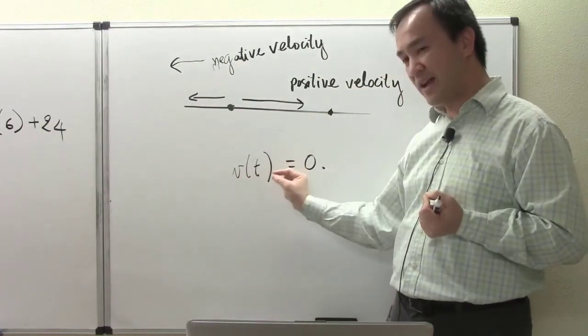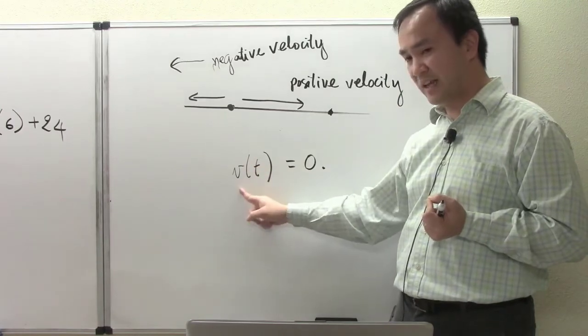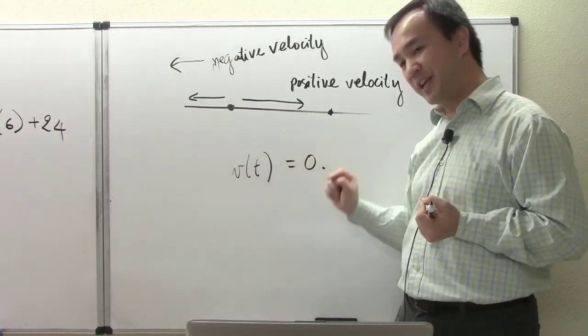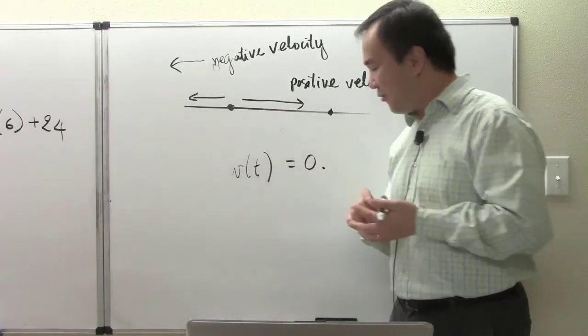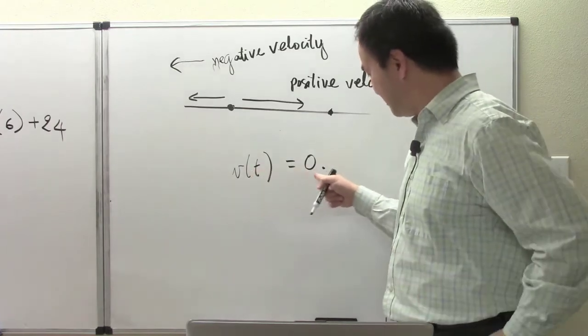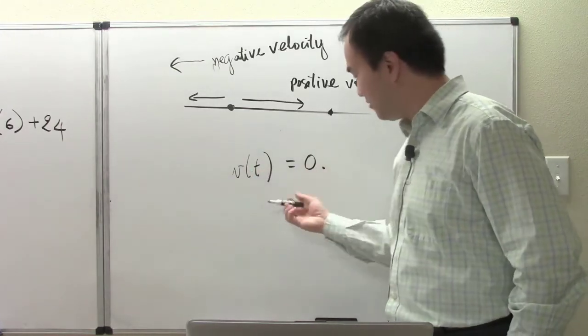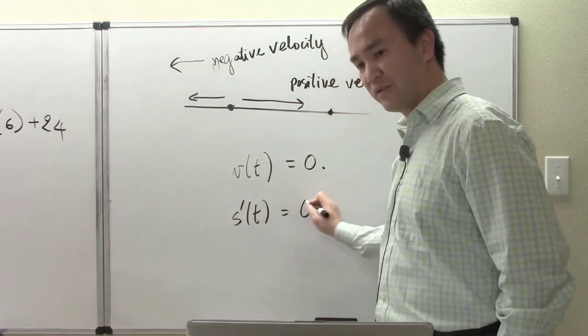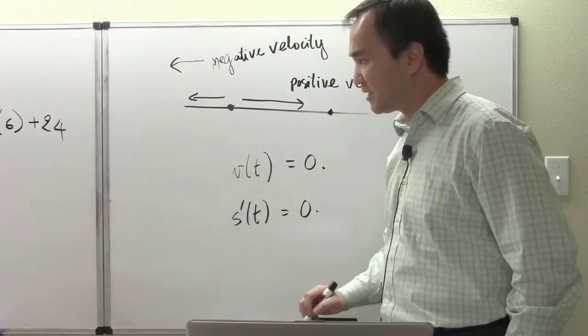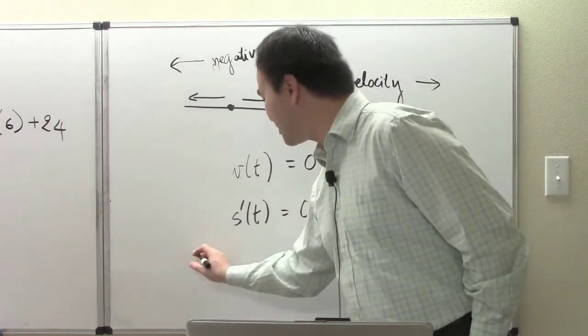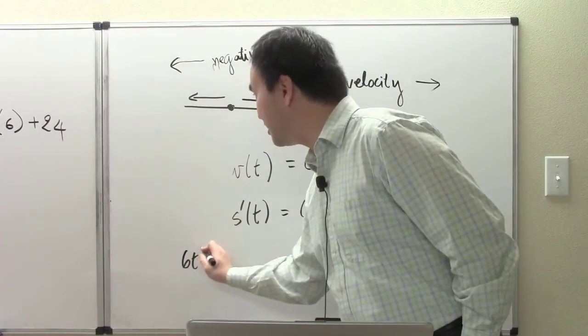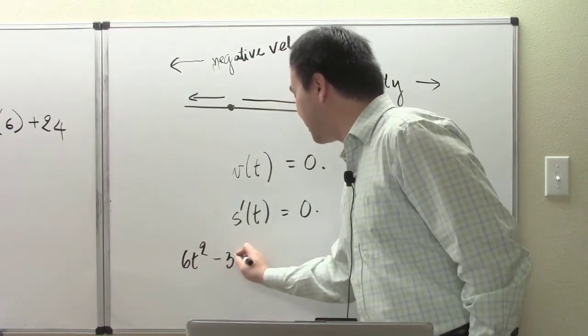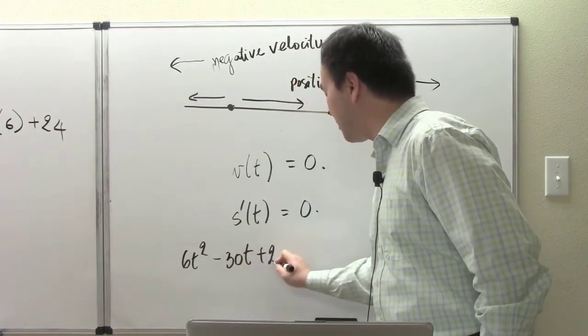That's why right at that instance of being stopped, velocity has to reach 0 feet per second. So for velocity being equated with 0, that means s prime equals 0. And we already have found our s prime, haven't we? That was the famous 6t squared minus 30t plus 24.